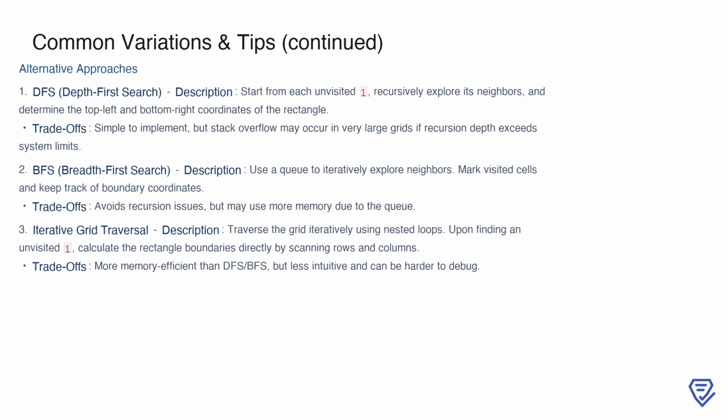It efficiently tracks boundaries while marking cells as visited, but it may use more memory because of the queue. Another option is iterative grid traversal with nested loops. Here, you directly calculate rectangle boundaries by scanning rows and columns whenever an unvisited one is found. This approach is more memory efficient than DFS or BFS but can be less intuitive and harder to debug. Each method has its trade-offs, so choose the one that best fits the constraints and requirements of the problem.